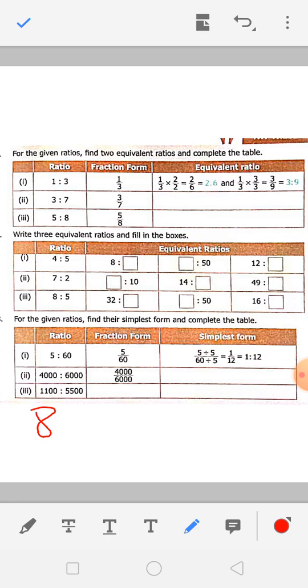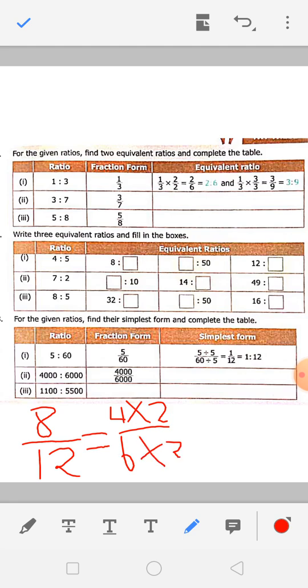Suppose 8 by 12. In which common table do we have 8 and 12? The 2 table, fine. 4 2s are 8 divided by 6 2s are 12. So the 2 cancels, and the remaining is 4 by 6.